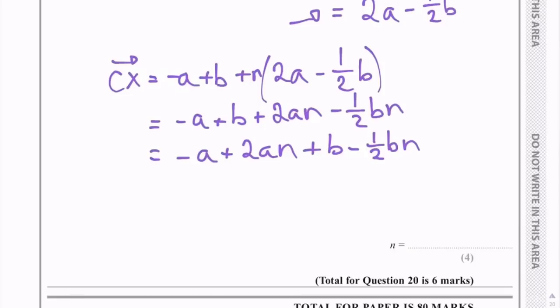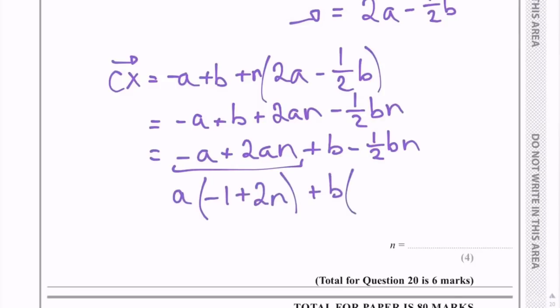Right, so I could actually have a look at these two parts separately. So with these a's, I can factorise this, take a out. So I can have a brackets minus 1 plus 2n, and factorise b out of this one. We get 1 minus half n.